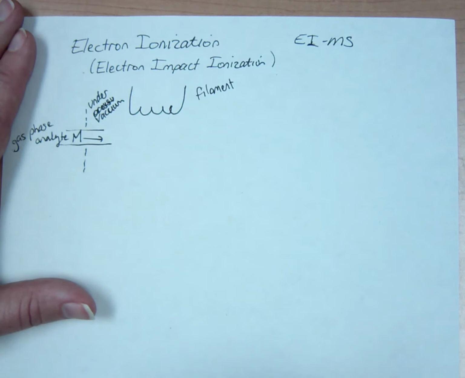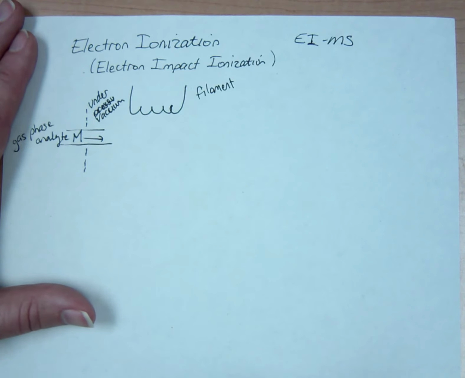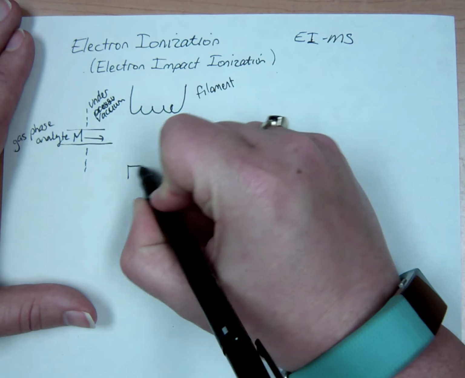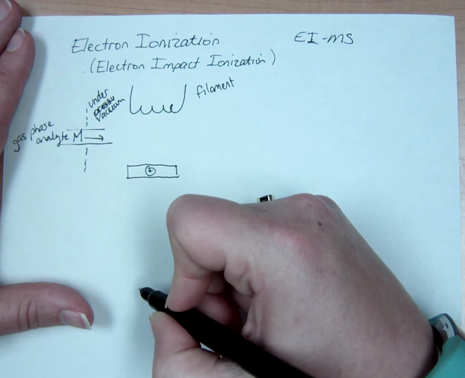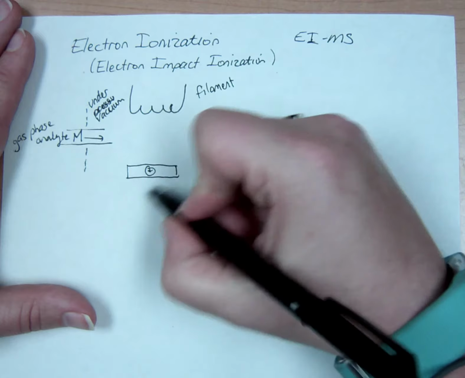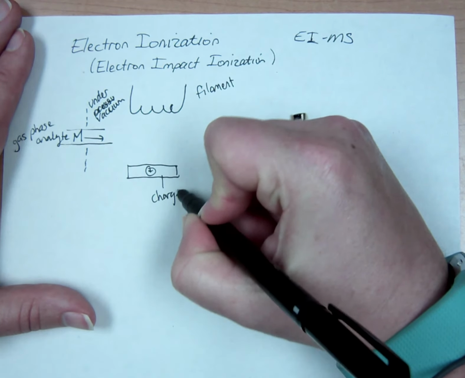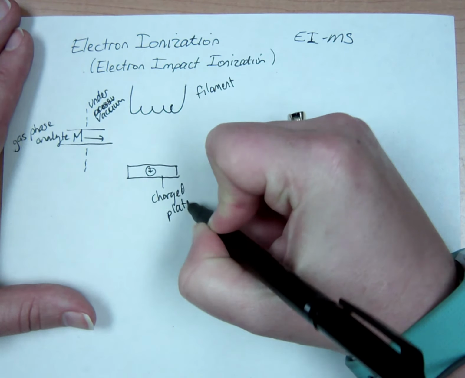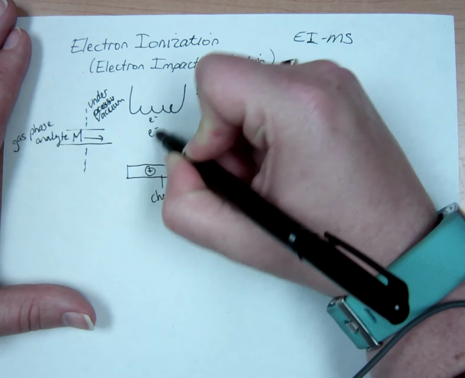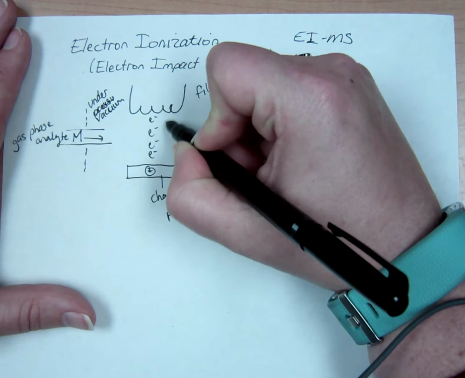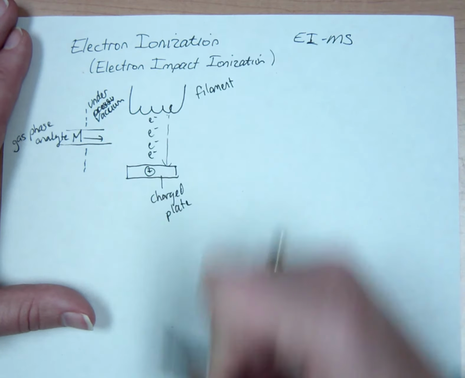When it generates electrons, they go in every which direction, so we need something to form them into a beam. We'll use a plate that has a positive charge on it. Now the electrons are going to be drawn towards the positive charge, and so we get them in a beam moving down towards the charged plate.